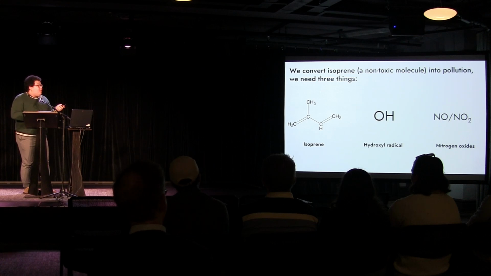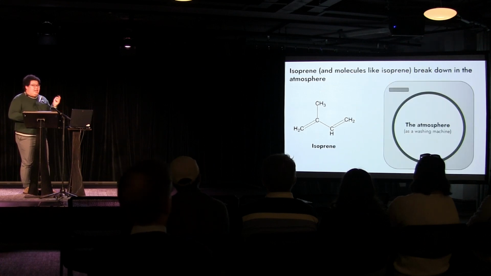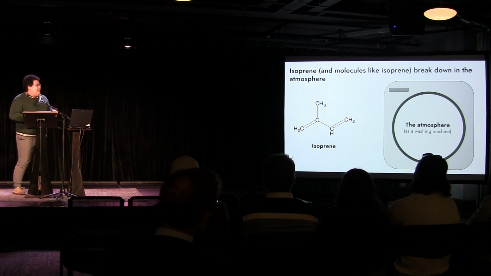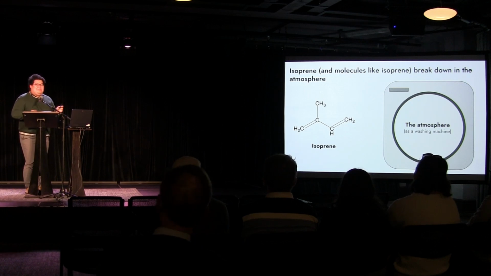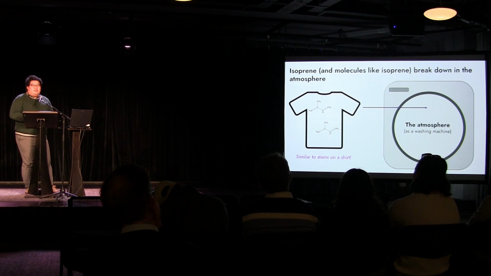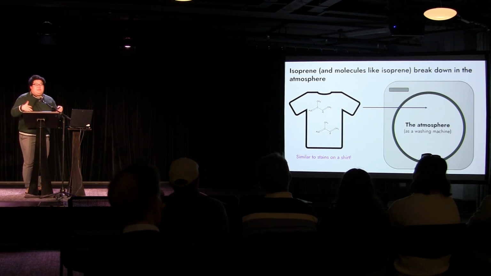And so the process goes like this. Think of the atmosphere as a washing machine. I guess it's very, very simplistic, but pretend with me that that is a washing machine. And so you can think of molecules that we emit, like isoprene, as maybe stains on a shirt. And so, right, when we put stuff into a washing machine, we remove those stains.